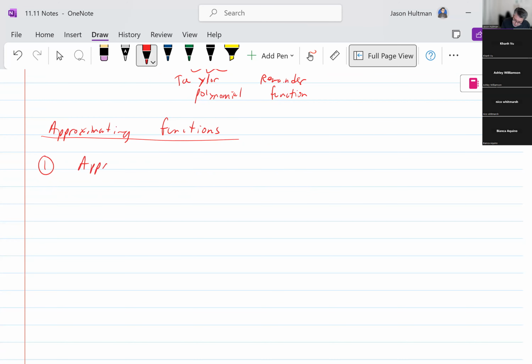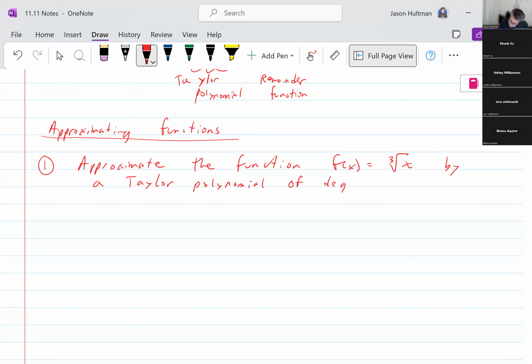Approximate the function f of x is equal to the cube root of x by a Taylor polynomial of degree 2 at a equals 8.